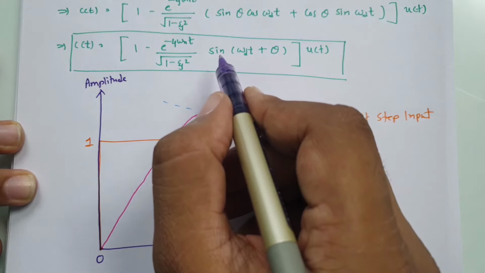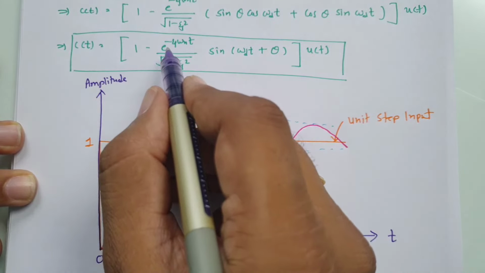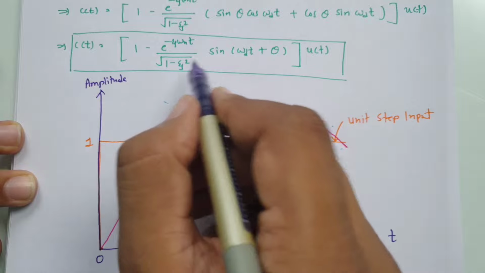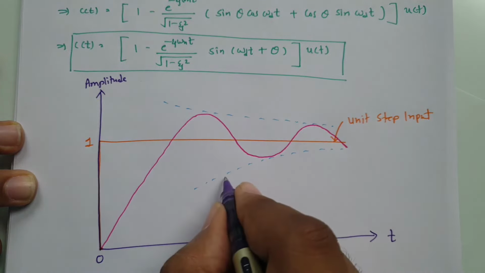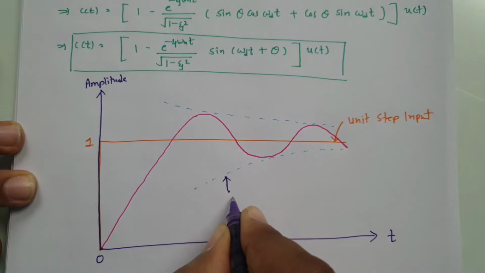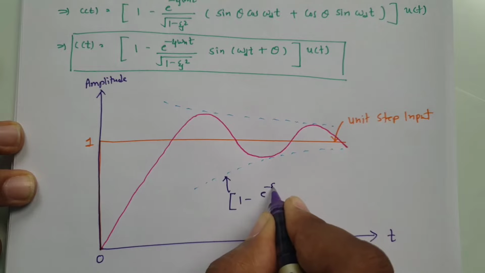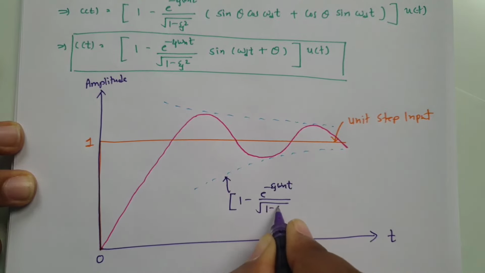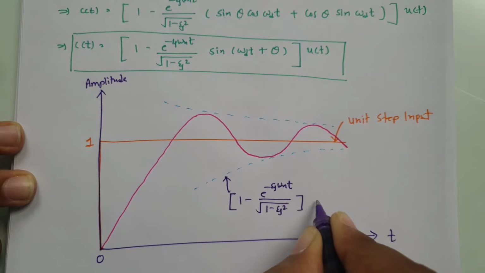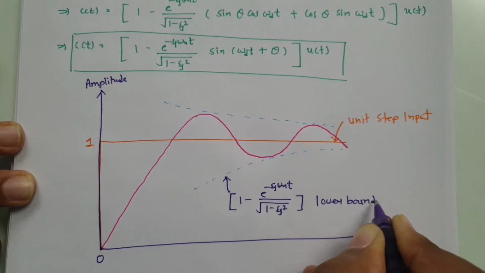So if the maximum value of sine is 1, then 1 minus e to the power minus zeta omega n t divided by square root of 1 minus zeta square is there, which will be the lower bound.